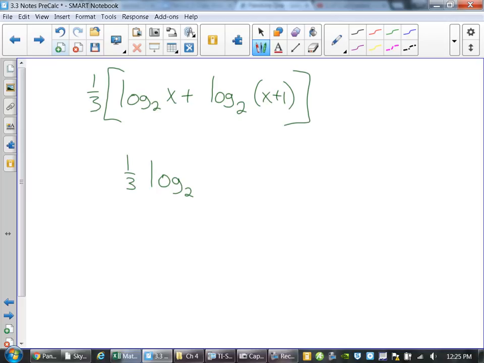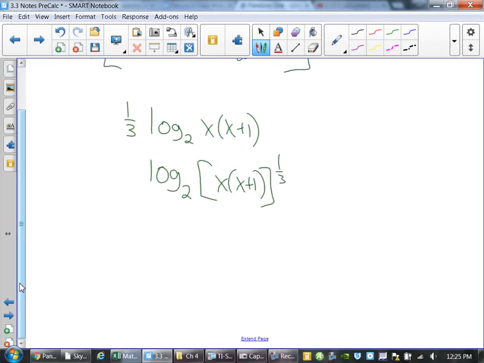Log x squared plus x. Do you have to write it like that, though? No. Just write it as x plus 1. Okay. And then what do I do? Put brackets around it to the 1/3. Good. So you can get log base 2 of x plus 1 to the 3rd.